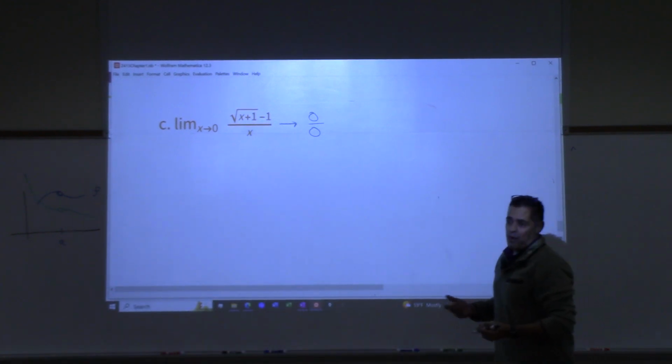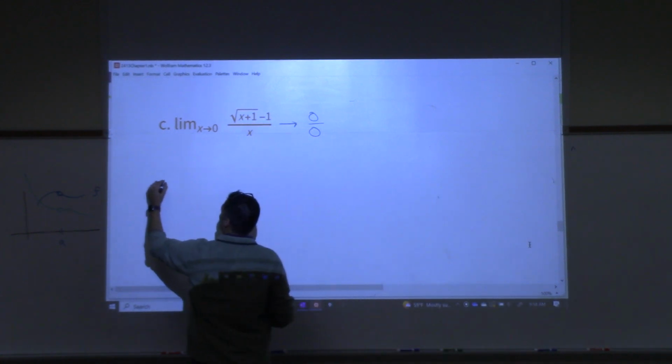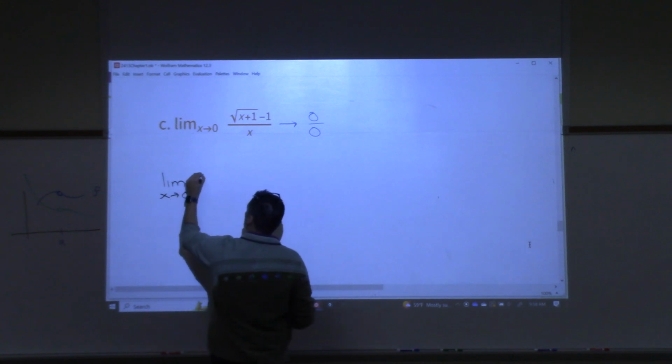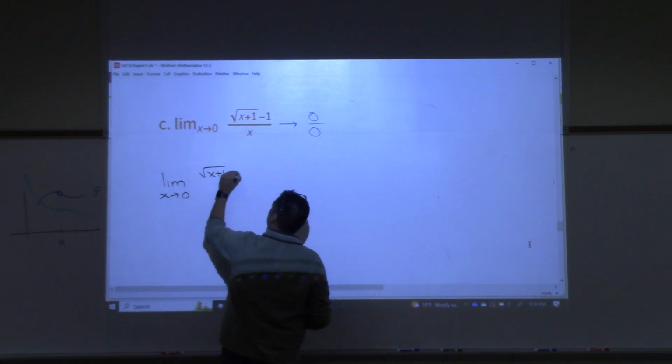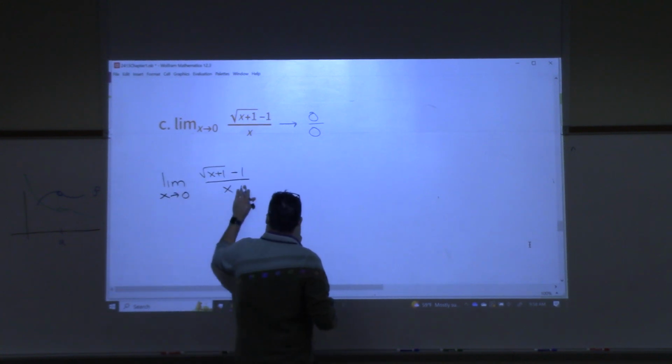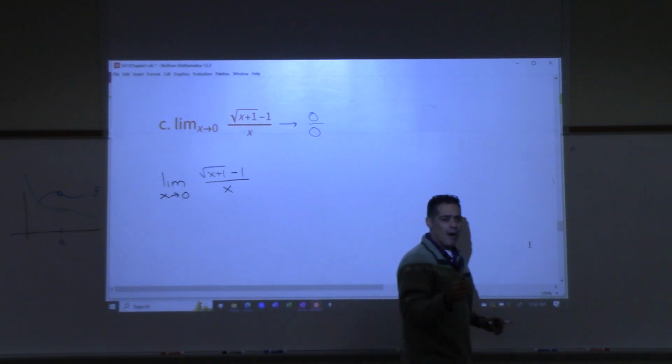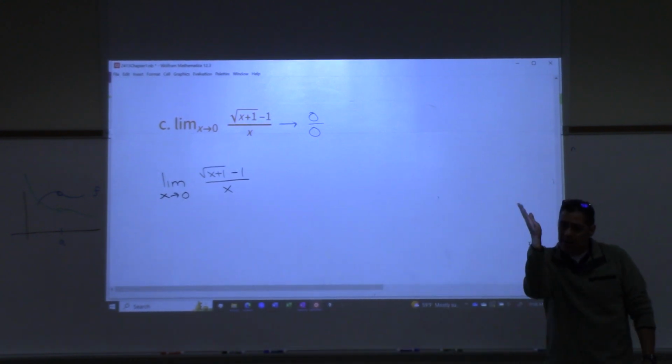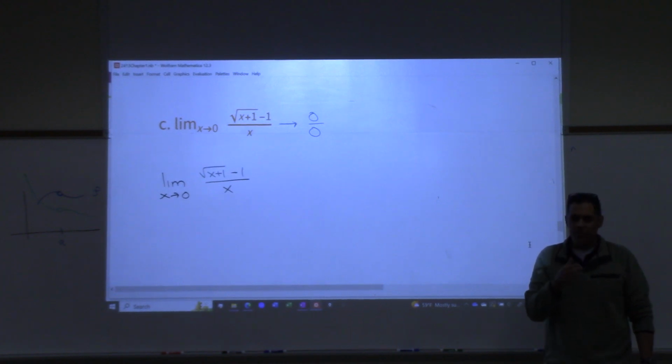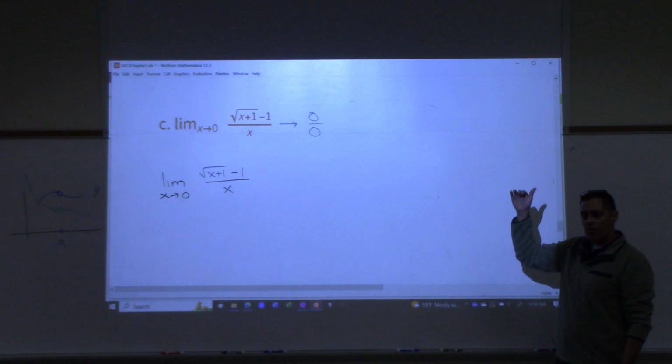That means we need some sort of algebra or some sort of trick. The question is, what sort of algebra or what sort of trick is going to get us to the point where we can cancel something and no longer have a problem? Because the problem we have now is 0 over 0.